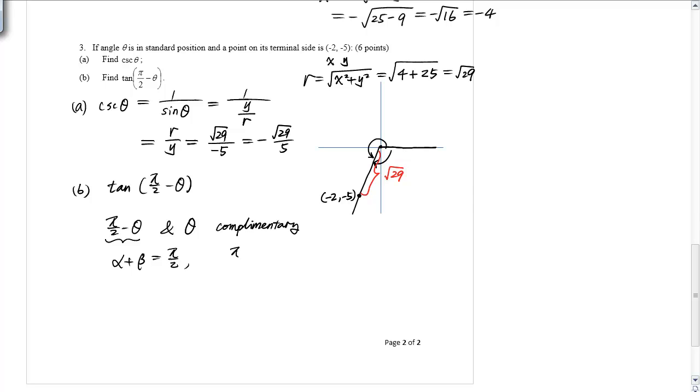In this case, half a pi minus theta, that's our angle number 1, plus theta, that's our angle number 2. They add together to exactly half a pi. Therefore, this angle is a complementary angle, and according to the complementary property, their co-functions equal each other. Therefore, tangent of half a pi minus theta simply equals cotangent theta.